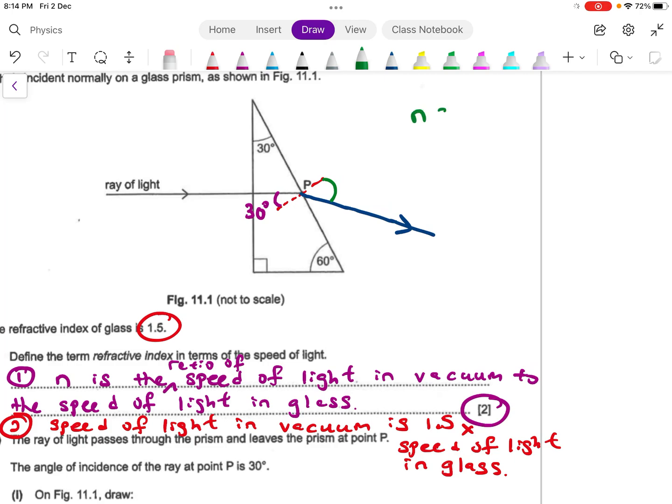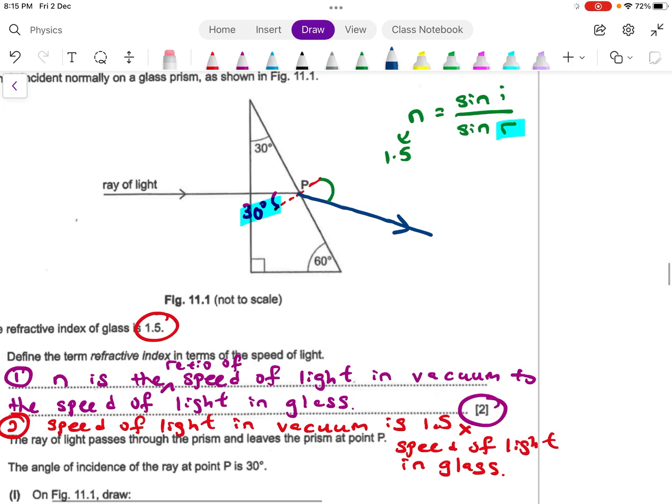So always use n equal to sine i over sine r. The n is 1.5. The crucial thing now is which one is the i, which one is the r. If you are doing the calculation, just take note that our 30 degrees, we put it here as r, and the so-called i, we put here.